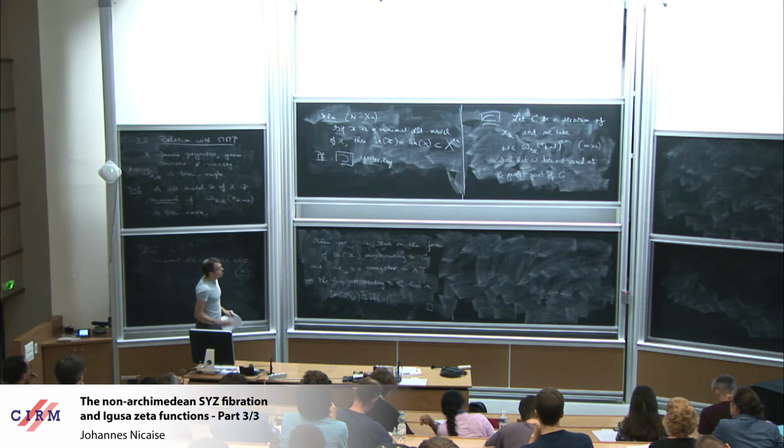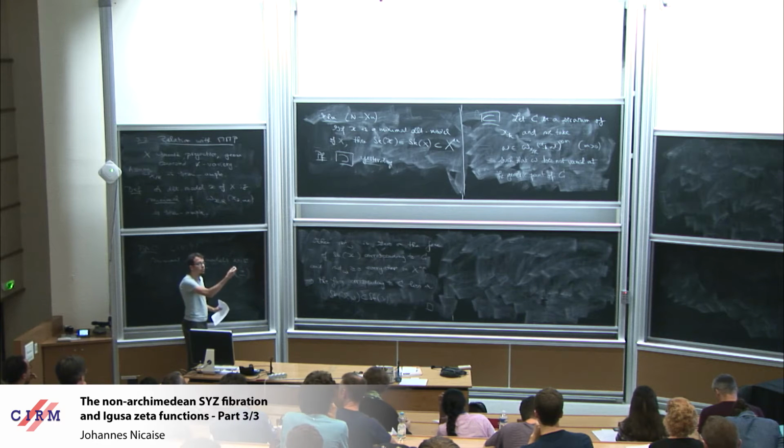So this gives us very strong control over the shape of the essential skeleton. You just have to compute a minimal DLT model and take the dual intersection complex of its special fiber.